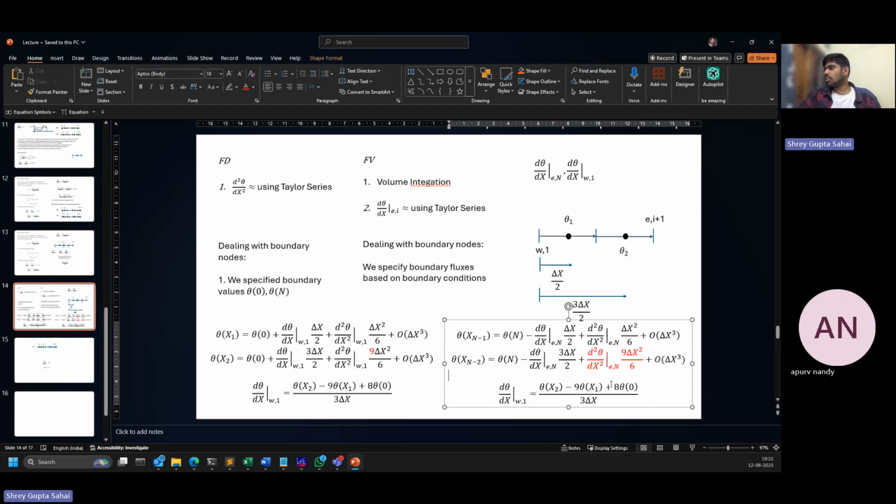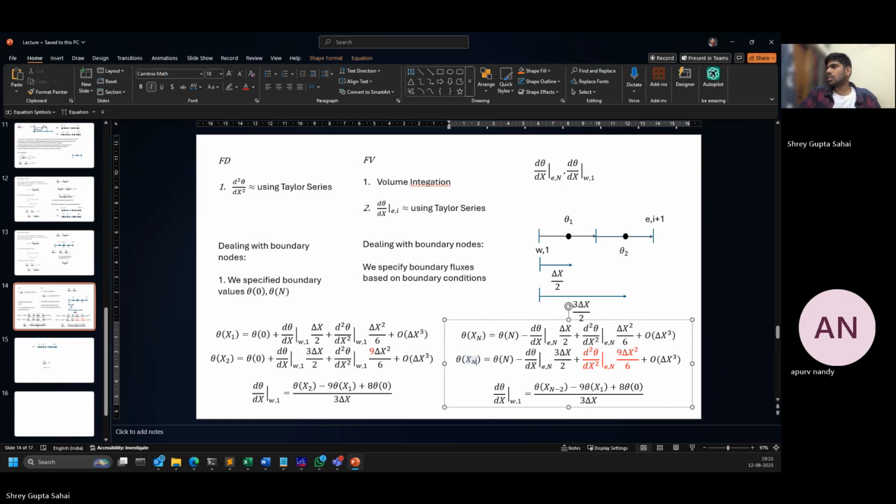So if we do this, what we will have is theta of x n minus 2, theta of x n. This should be theta of n actually. And this should be theta of 1. This should be x n minus 1. Yeah, this is okay.